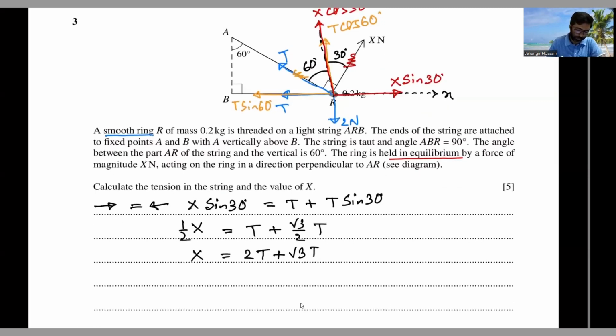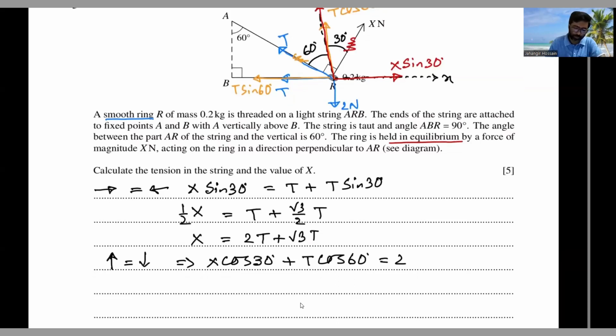Now, if you resolve vertically, we have upward X cos 30 plus T cos 60 equal to downward 2. So substituting X, 2T plus root 3 T, into cos 30, which is root 3 by 2, plus cos 60 into T, that's half T, equal to 2.